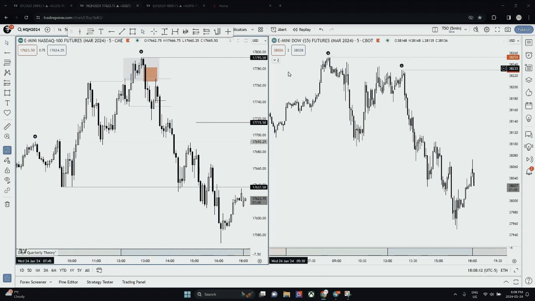So you have to have two closely correlated assets. For example, this could be NQ, this could be ES, this could be ES, this could be Dow Jones, and this could even be the US dollar, and this could be EU, this could be GU, if you understand.